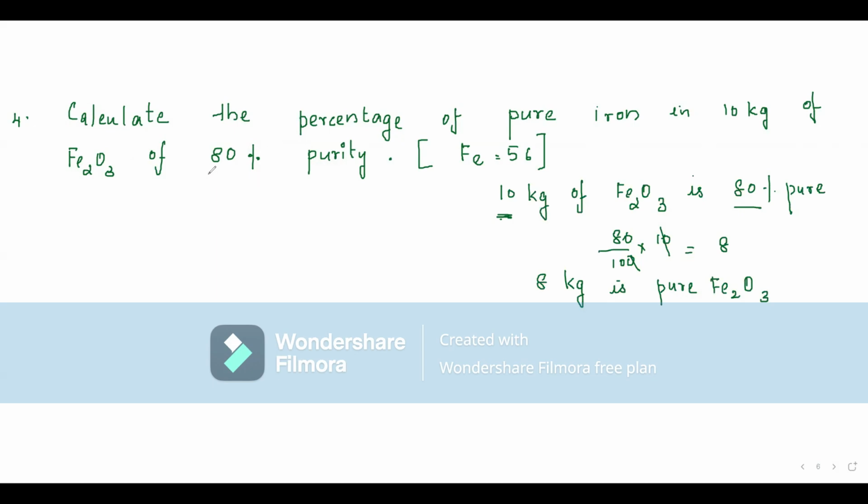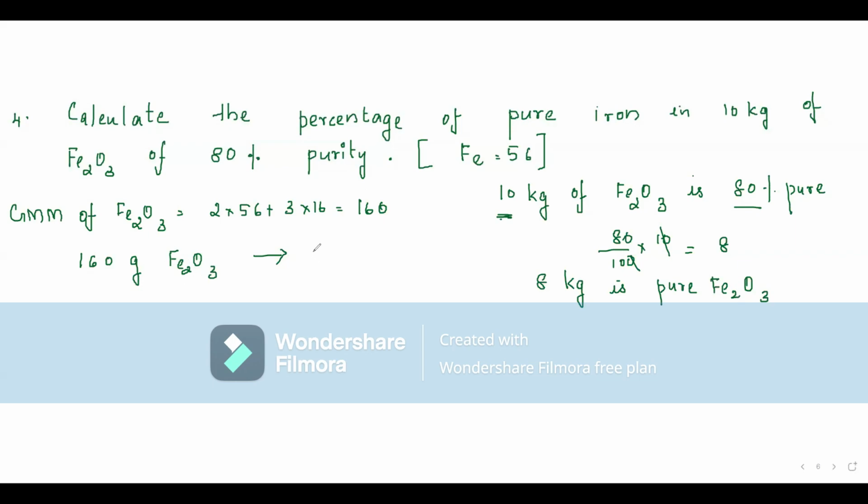Now, percentage of pure iron in Fe2O3, GMM of Fe2O3 is to be calculated. That is 2 into 56 plus 3 into 16, that gives us 160. Now, 160 gram of Fe2O3 has 2 atoms of Fe, right?